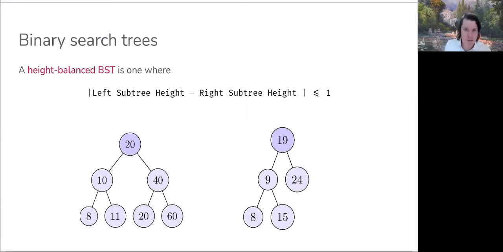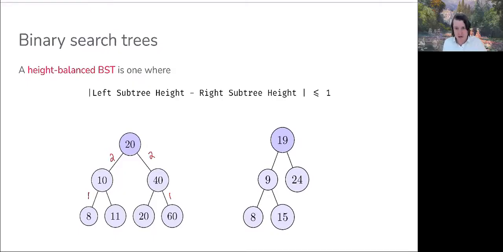Okay, so we're not going to get too much into this, but we're going to define what it means for a binary search tree to be considered height balanced. A height balanced binary search tree is simply going to be one where the height of the left subtree minus the height of the right subtree, the absolute value of this difference, is less than or equal to the integer value of 1. So we can see here 2 examples of height balanced binary search trees. If we look at the height of the example on the left, we can see in both instances we have a height of 2.